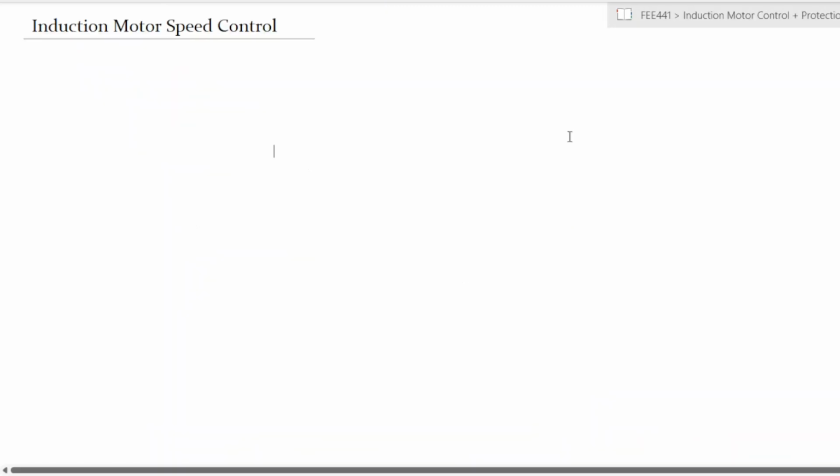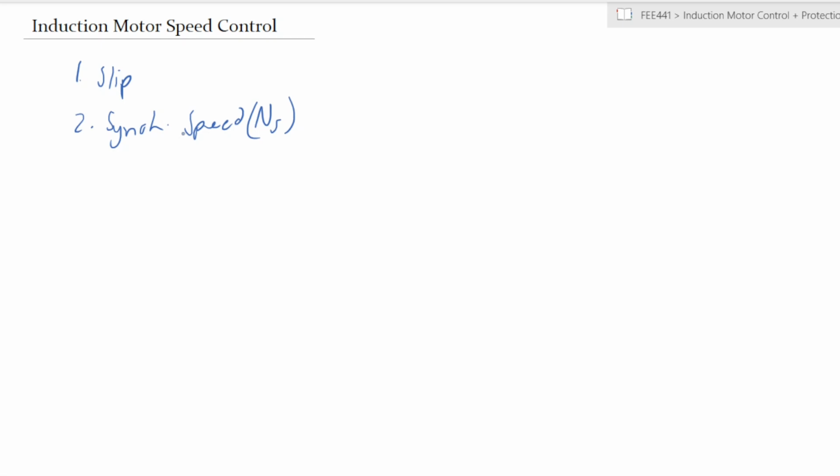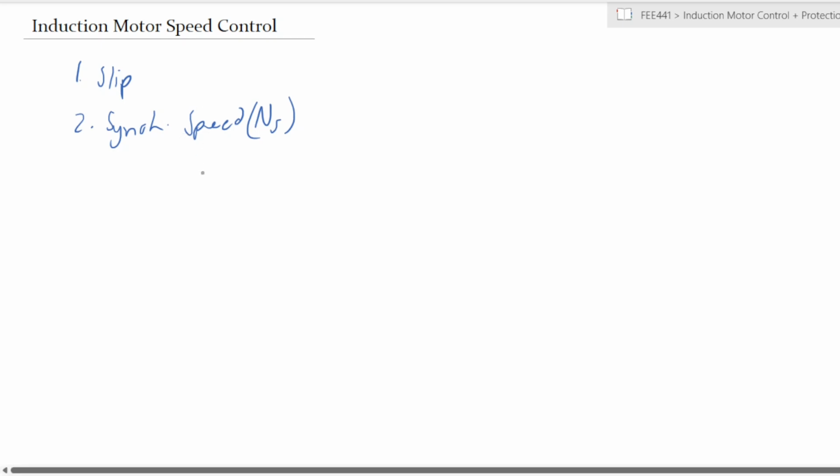With induction motors, there are two general characteristics that we look at. The first is the slip, and the second is the synchronous speed, or Ns. By varying either of these, you are able to change the speed that the motor will actually be running at. So either of these properties can be used to vary the motor speed.